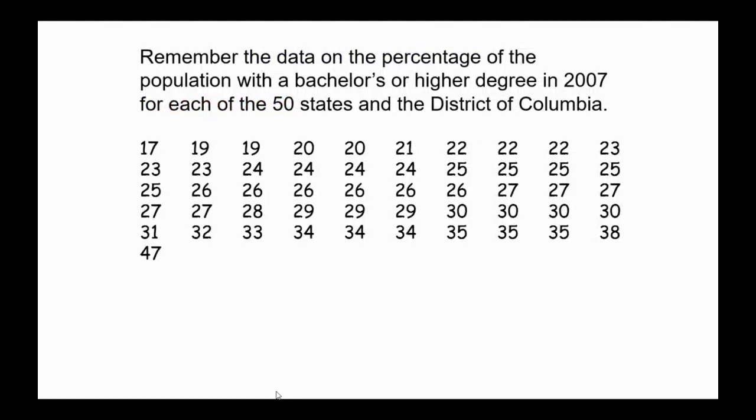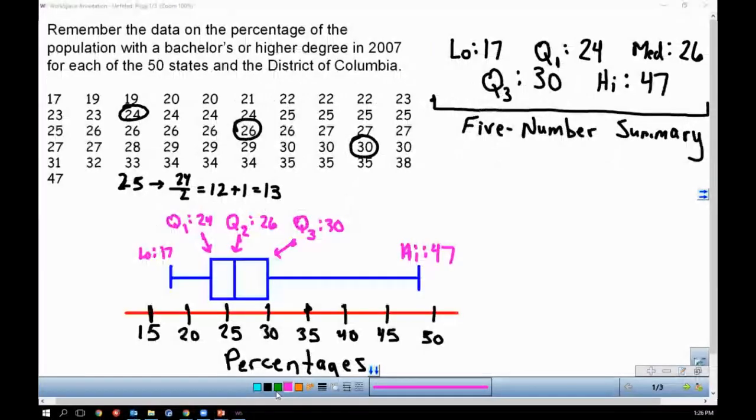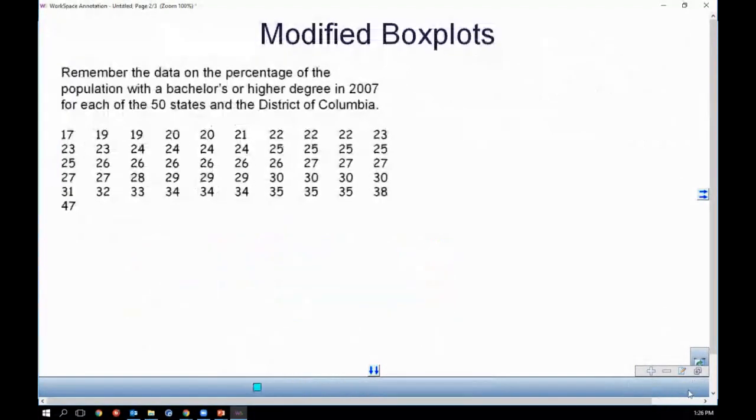So let's look back at our degrees example. Now we're going to take the same data, but this time turn it into a modified box plot. Okay, so just to remind us of what all our values were, what was our low value? 17.